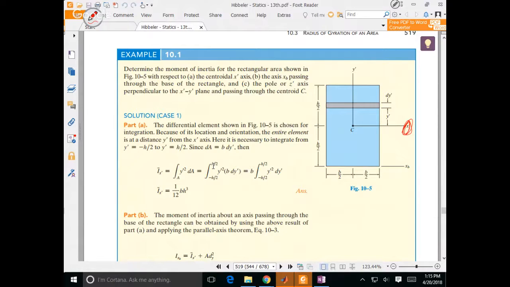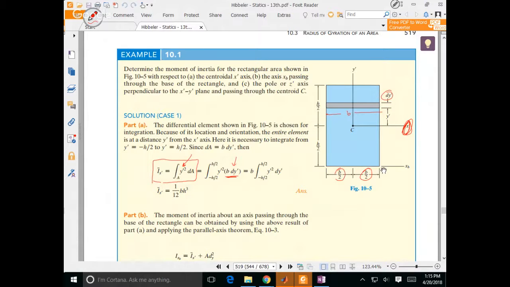So all he does first is he comes in here and he says, I'm going to use a particular coordinate system. Just so happens that I'm going to use this one. Well, this one and this one go together. And then what he's doing here is he's grabbing the dA. So since the base of the thing is just B, or this thing is B from here to here, this is dy.